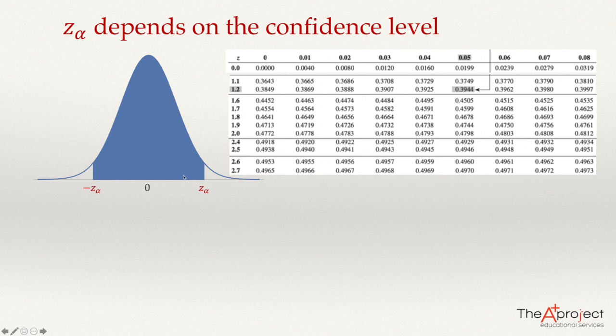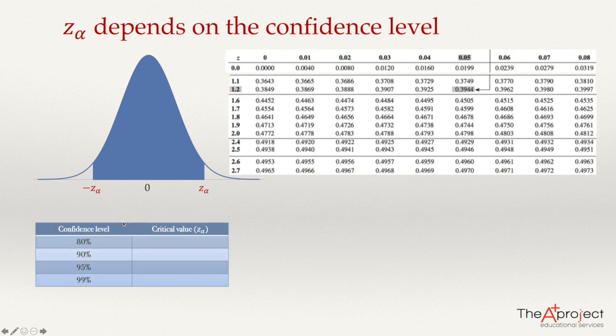Let's find what the critical value will be in some cases. For example, what will it be if the confidence level is 80% or 90% or 95% or 99%? Let's compute the critical value and let's use the table. A good idea, because the table doesn't have all this area. If we want to compute, for example, the 95% confidence interval, then we take into account that the table has only half of this area.